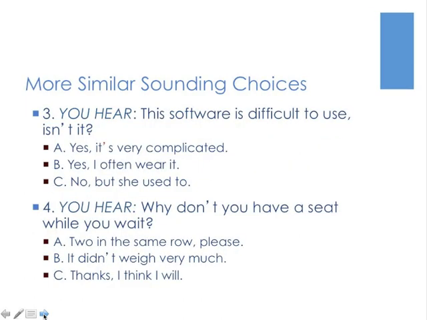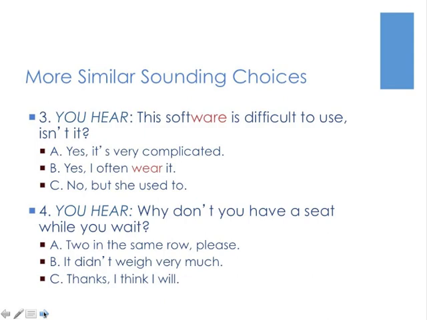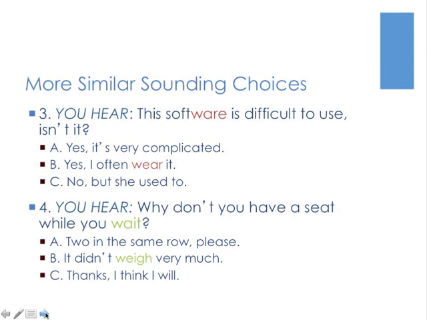In numbers 3 and 4, you will notice that, again, they're playing on the particular words that we see. For example, software in the question itself, and in B, the answer choice, the word where. We also have wait, and then, of course, we have the word weigh. Again, these two words sound very much the same.